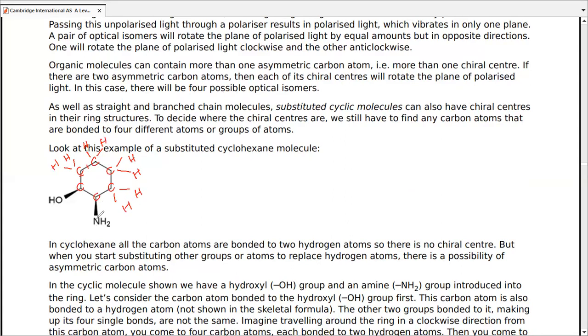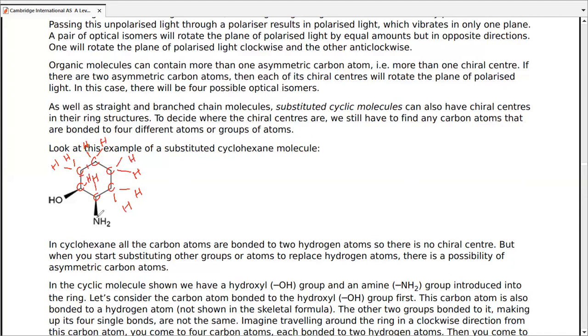Now, this one already has a different bond, so this would be hydrogen over here, and this would be hydrogen over here, right?